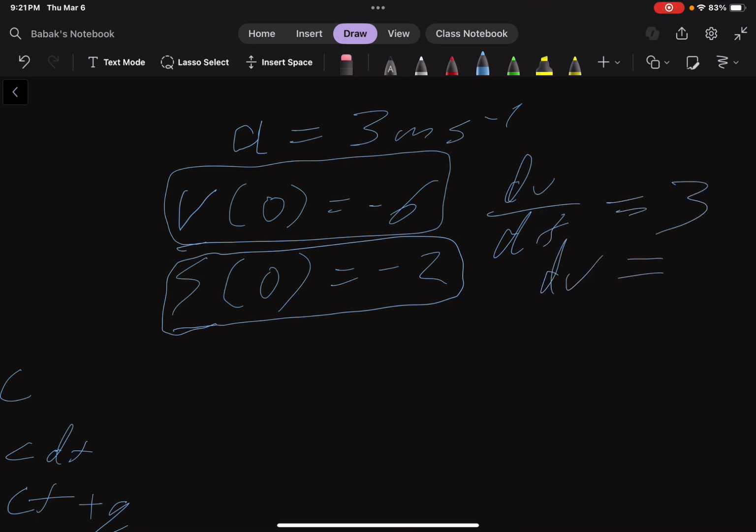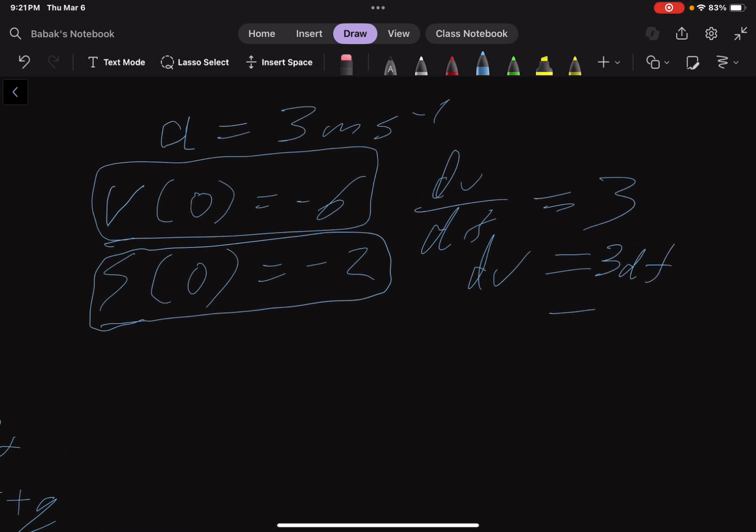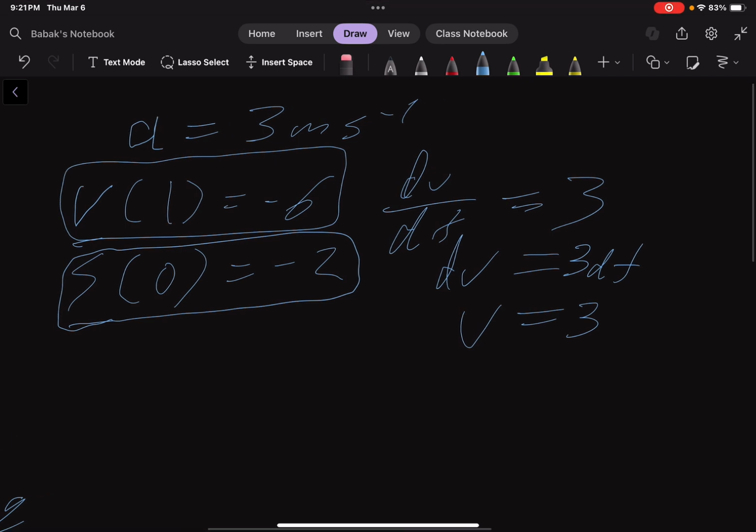We have dv is equal to 3 dt. We integrate it as follows. Or rather, let us go with v1, I believe. 3t plus c.